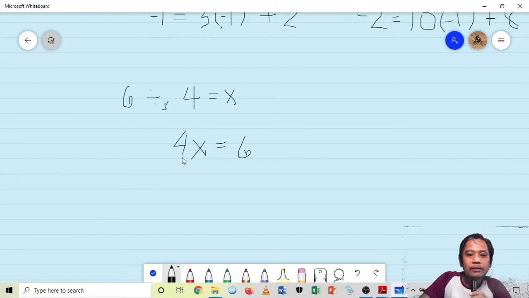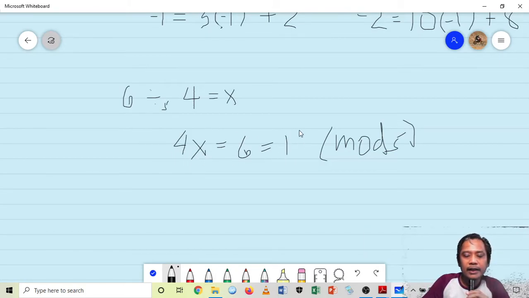Meaning, what do we multiply to 4 so that the remainder, when we divide it by 5, is 6. But 6 can be expressed only as 1 in modulo 5. So we are looking for x so that 4 times x equals 1 in modulo 5.